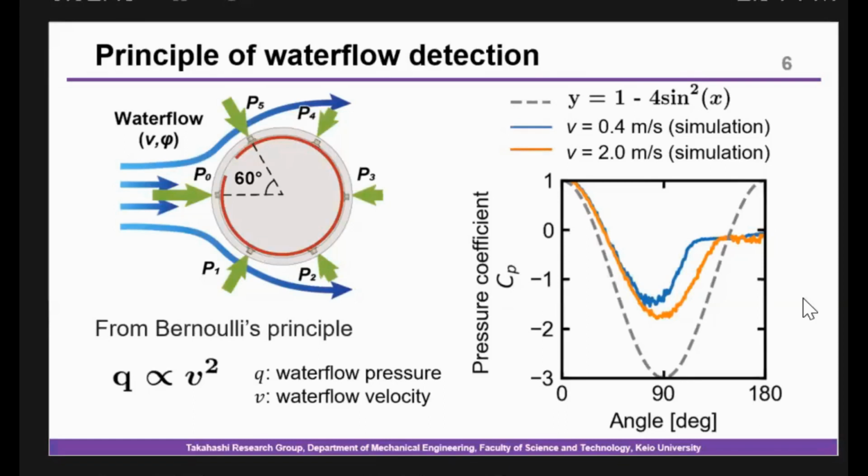Without considering viscosity, the pressure distribution can be represented by this formula. However, when considering viscosity, it cannot. So, in this research, we use multiple polynomial regression to model the pressure distribution.